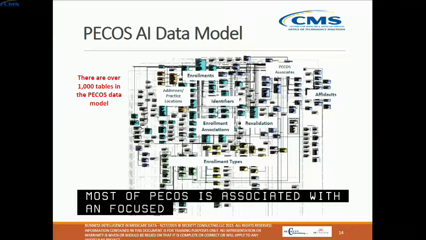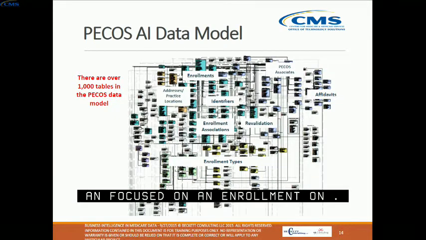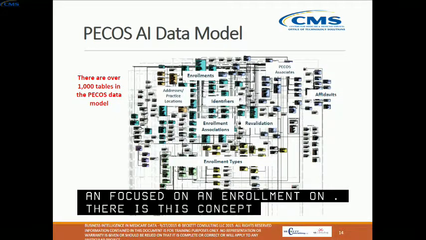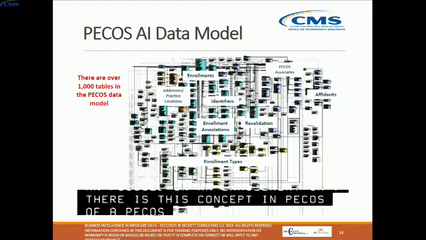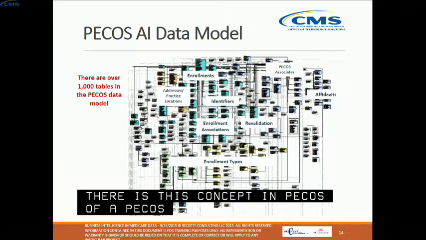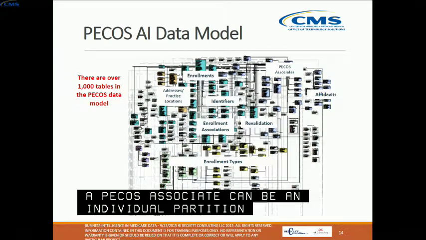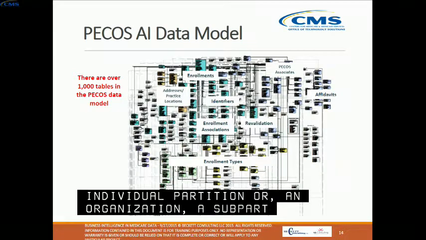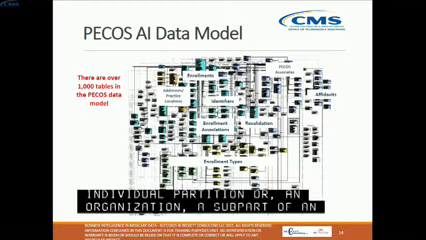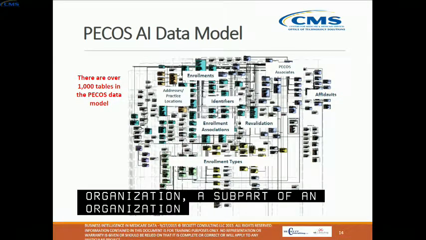There's this concept in PACOS that's unique to PACOS of a PACOS associate. And a PACOS associate can be an individual practitioner, can be an organization, can be a subpart of an organization, can be an individual that performs some role supporting a provider, and they are actually captured.